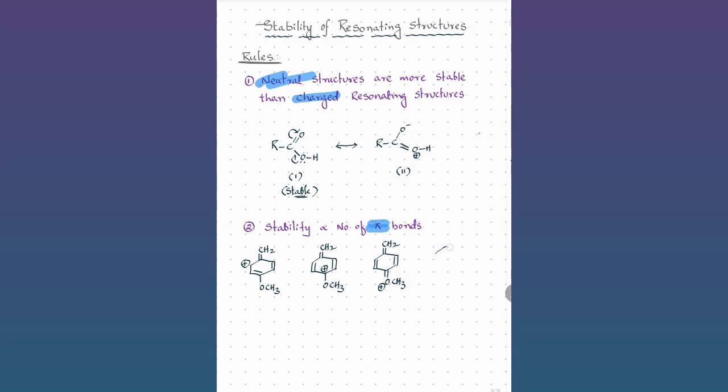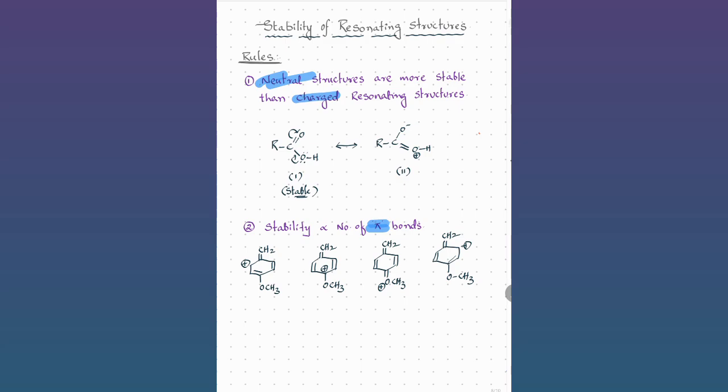And another one looks like this: double bond CH2, double bond here, plus charge on O CH3. Now all four structures are charged, so we should decide the stability based on the pi bonds.